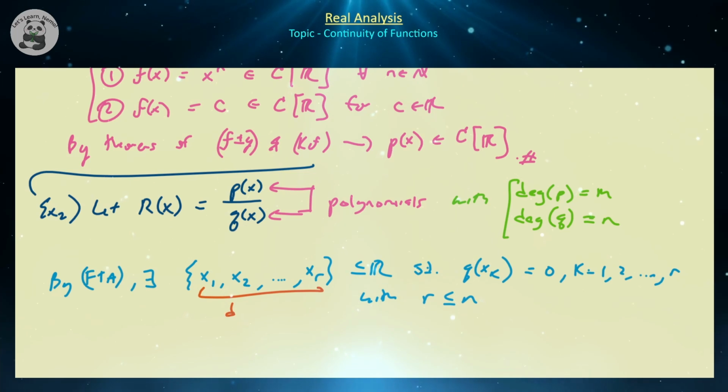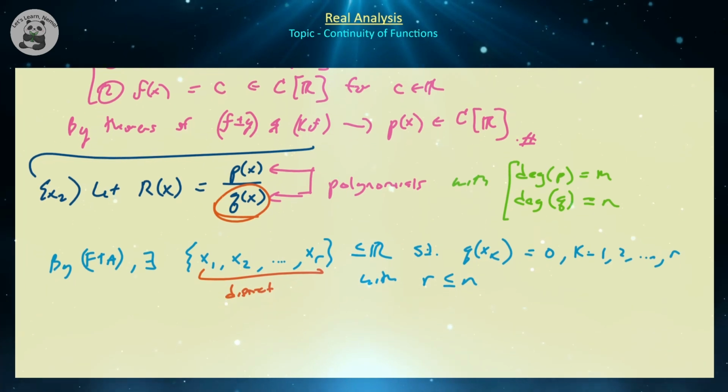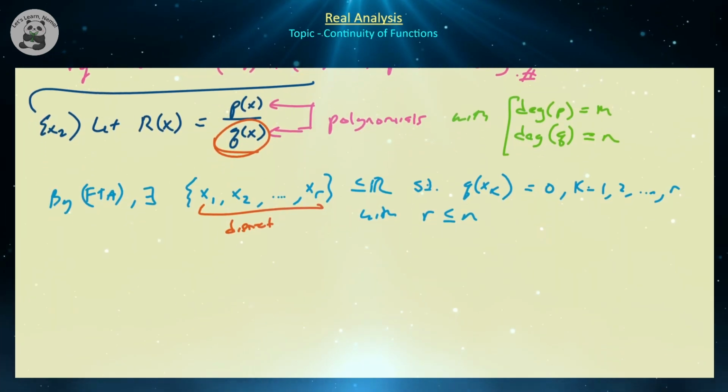So I'm looking at the distinct zeros of my denominator function, right? As long as that function is non-zero, then by the quotient identity for continuous functions, f over g of x is continuous as long as q of x is not equal to 0.